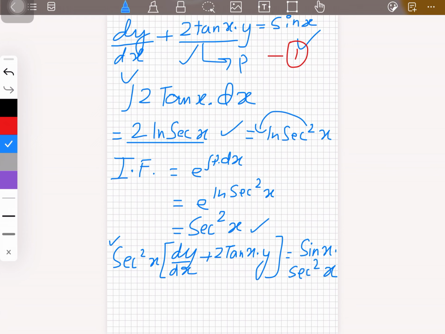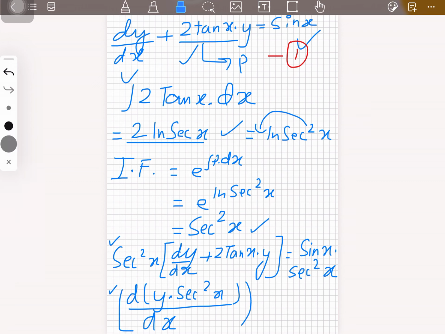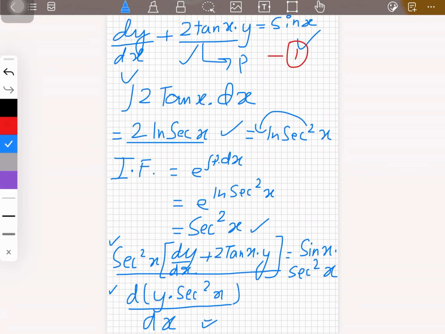Now I'm going to go to the next step, which would be d of y times sec square x over dx. Some of you might still be confused how this came, but if you use the product rule of derivative for this term, then you will get exactly whatever is in the previous term. The right side remains as it is, sine x times sec square x.